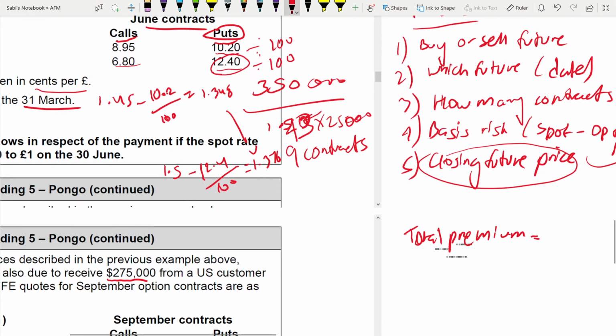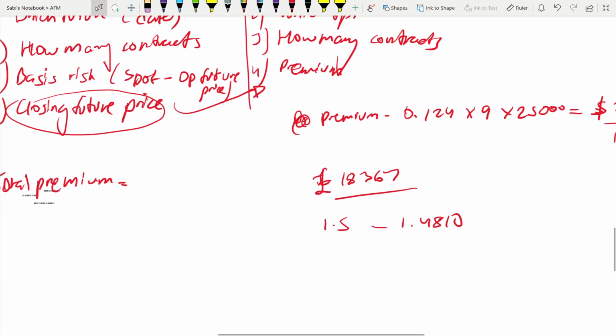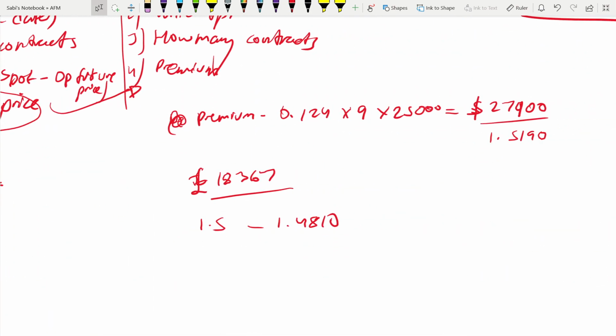So at that date, you have to see whether you will exercise the option or not. This is a put option, remember. When you have to decide whether to exercise, see whether it's a put or a call option. Put means you are selling. You want to sell at a higher price. So you see the exercise price is higher, so definitely you will exercise the option, because the exercise price is a higher price.